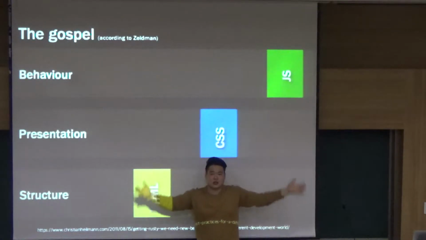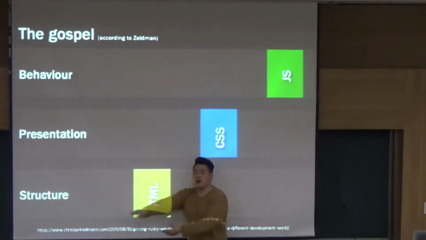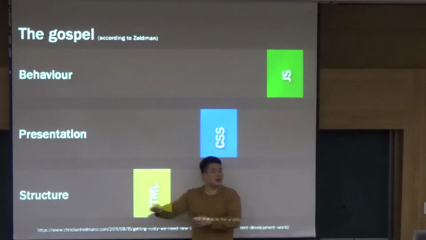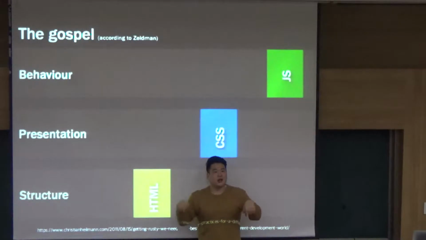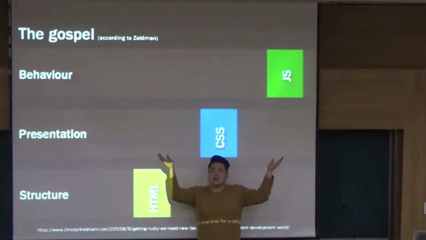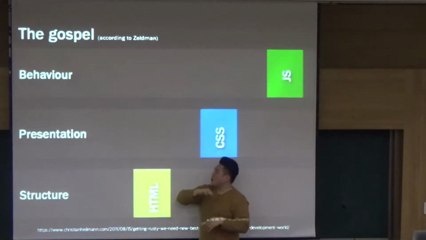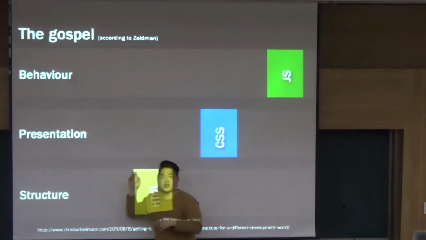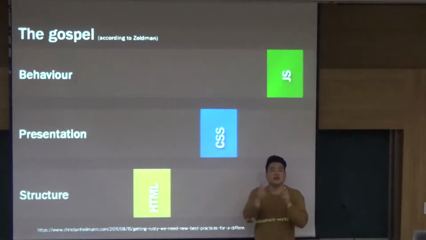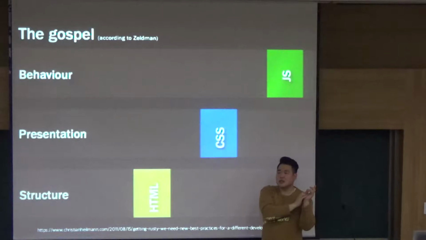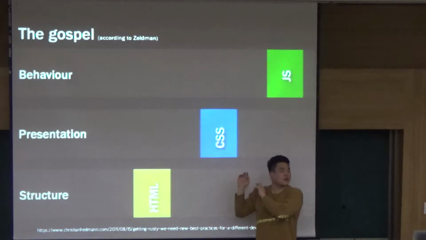We have the same structure, but there are tons of different ways of presenting it, like how thick the border should be, or the size of the font, which is different from the structure of our website. So for presentation, we'll use CSS. This is also another kind of language.